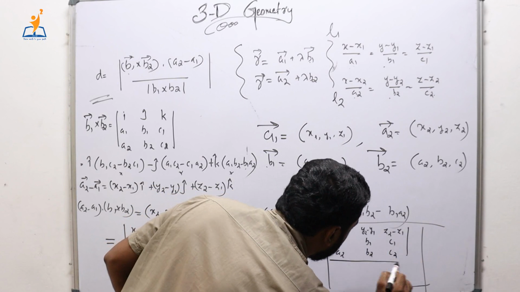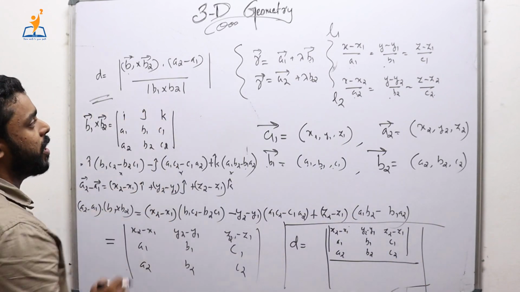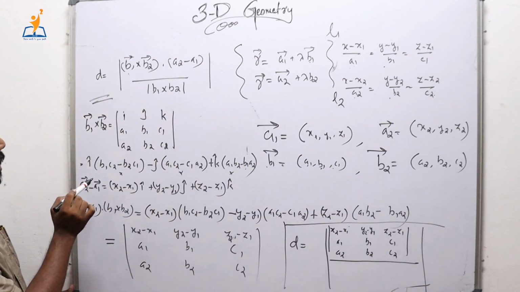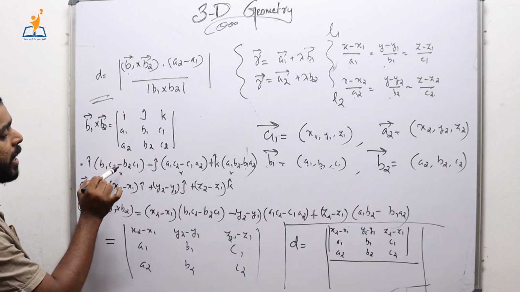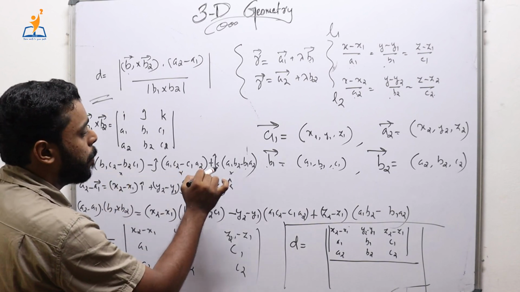This determinant is divided by the modulus of b1 cross b2. And b1 cross b2 is i cap into (b1 c2 minus b2 c1) minus j cap into this plus k cap into this.